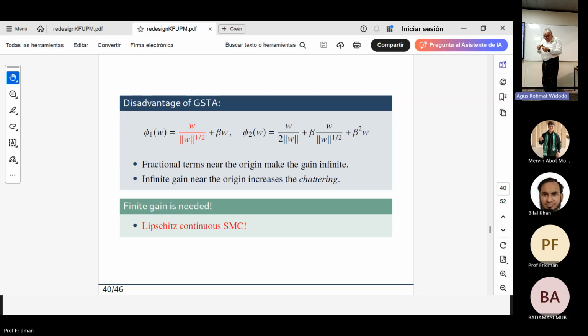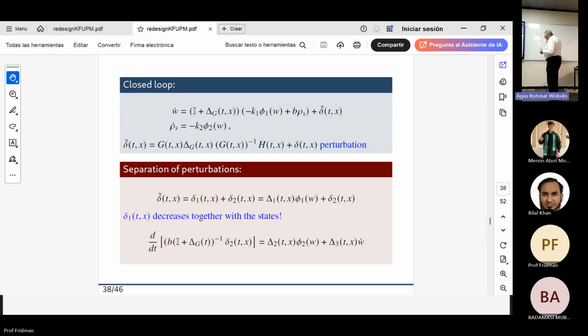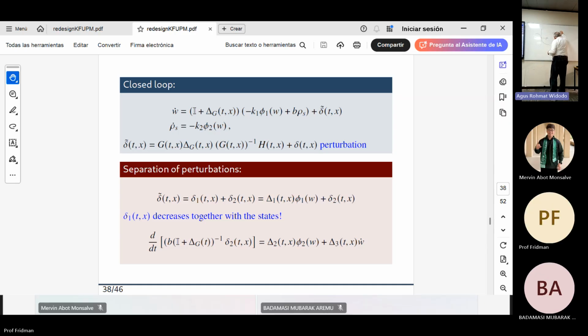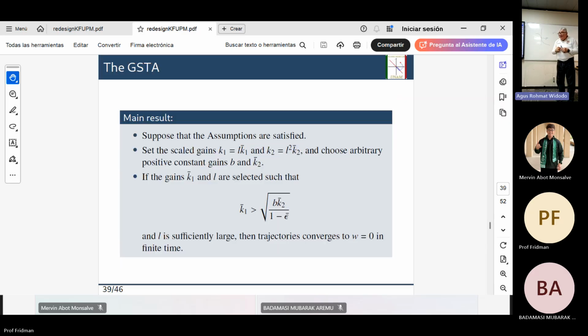Which is a bad feature? The bad feature is that it will have a problem near zero. Why? Because the derivative of square root near to zero, you will have infinite gain. So that is why it is still not Lipschitz. And for sure you will chatter a little bit, but not so much. That's what I will speak.